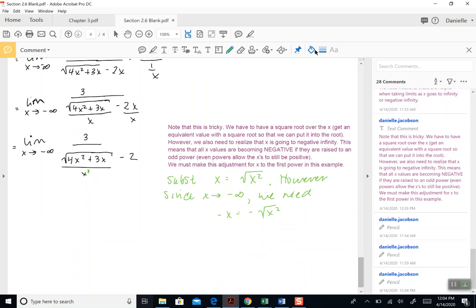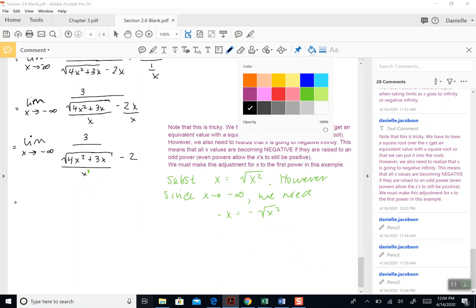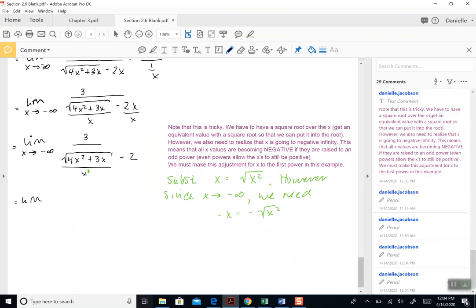All right, so going through that, what we now have is the limit as x goes to negative infinity of 3 over, okay, I have root, here.